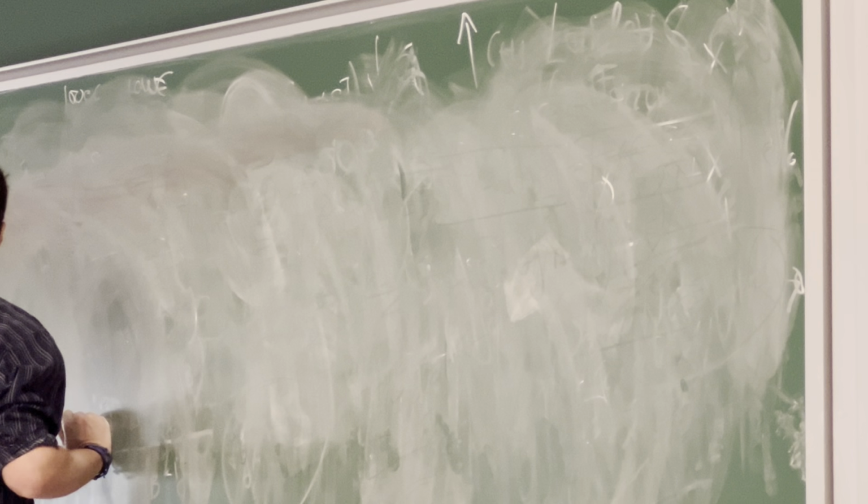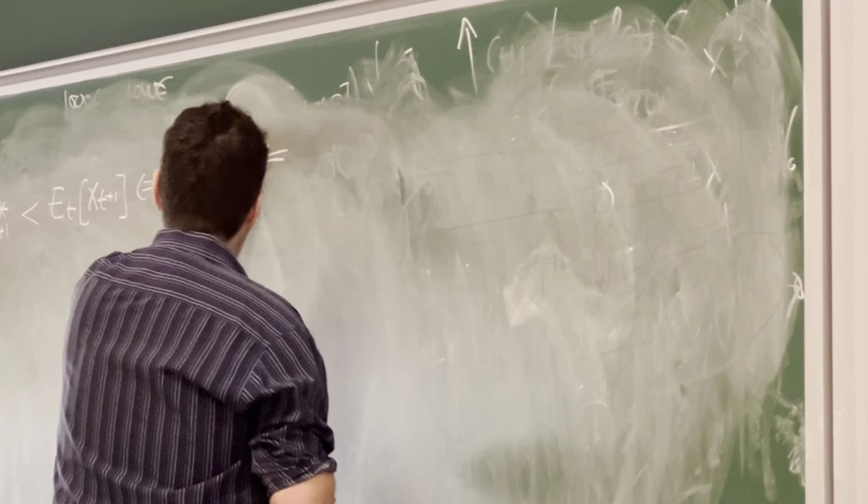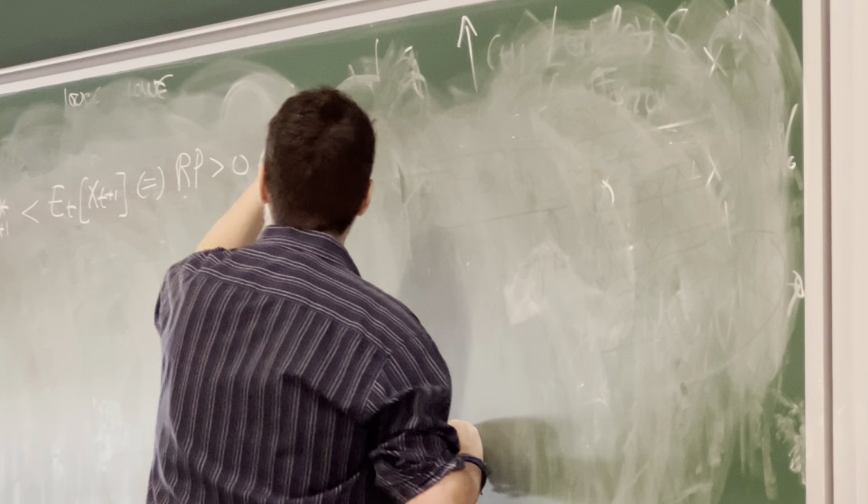So what I was saying is, if the amount XP plus 1 star, which is the certainty equivalent, is smaller than the expected value of the payoff, this happens when the risk premium is positive. This happens when we have risk aversion.